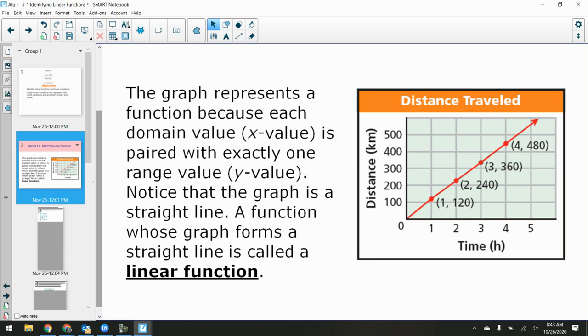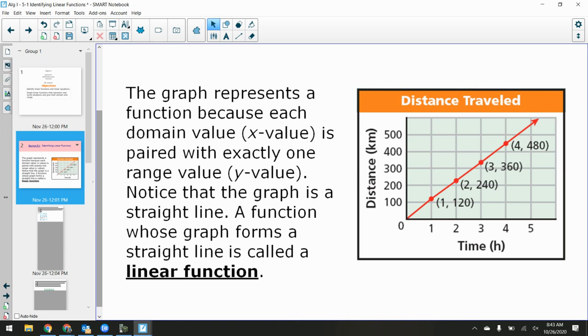If you see a graph and it's a line, then it's a linear function. Let me repeat that because that's some groundbreaking stuff. If you see a graph and it's a line, it's a linear function. Now, I guess I should be a little bit more specific. It's got to be a function. Is there any straight line that's not a function?